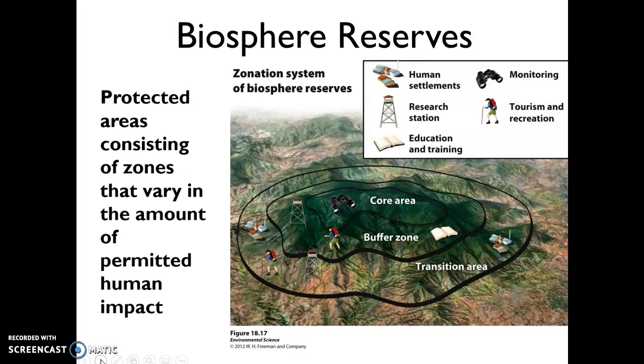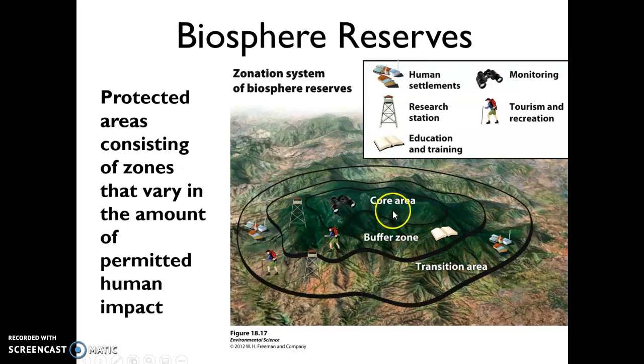So when we have a single small area, one of the things that we want to do is have a zonation system where the amount of human activity goes from no human activity, little bit of activity, some activity, lots of activity, so that island in the sea, if you will, is not surrounded totally by human activity.